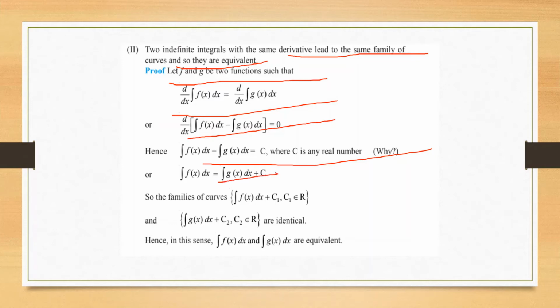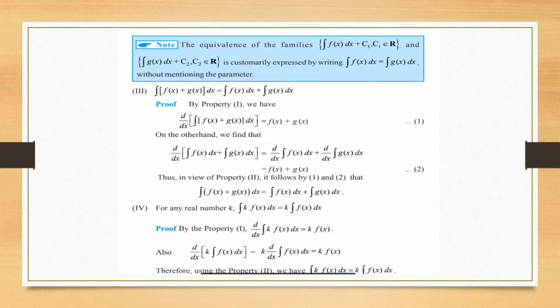So the family of curves integral f(x) dx plus c1, where c1 belongs to R, and integral g(x) dx plus c2, where c2 belongs to R, are both identical, and in this sense both these integrals are equal. This is expressed by writing integral f(x) dx equal to integral g(x) dx without mentioning the parameter. You do not have to mention the parameter again and again.